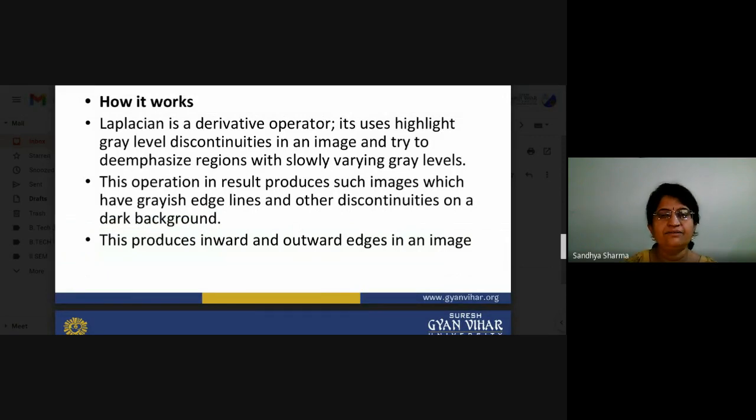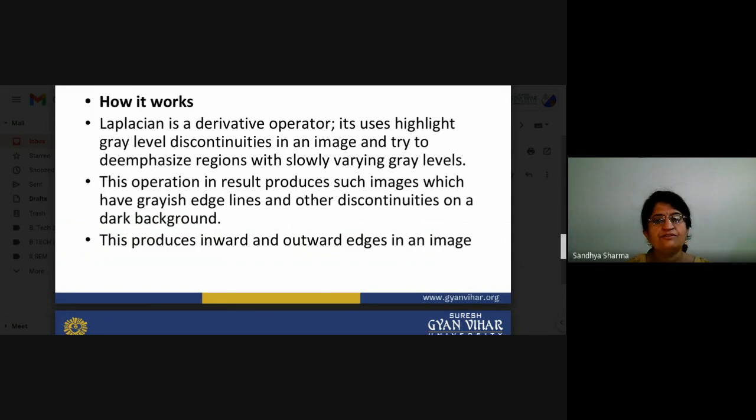Laplacian is a derivative operator. It highlights gray level discontinuity in an image and tries to de-emphasize the regions with slowly varying gray level. So basically it uses the gray level discontinuity in an image. This operation in result produces images which have grayish edge lines and other discontinuities on the background.